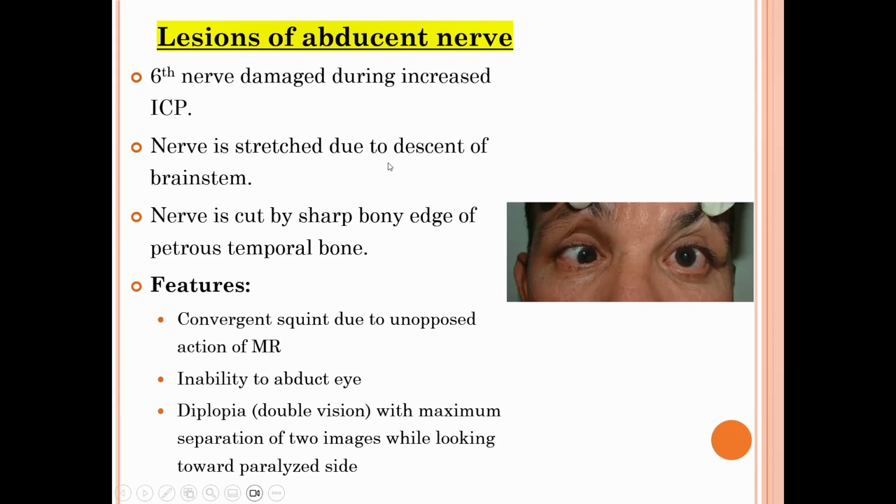The nerve is stretched due to descent of the brainstem, or cut by the sharp bony edge of the petrous temporal bone. Because of that, there can be convergent squint due to unopposed action of the medial rectus, inability to abduct the eye, and diplopia, double vision, with maximum separation of the two images while looking towards the paralyzed side.